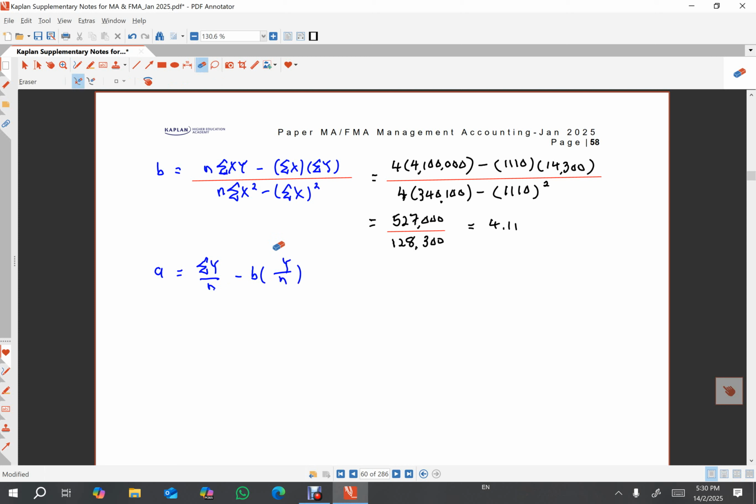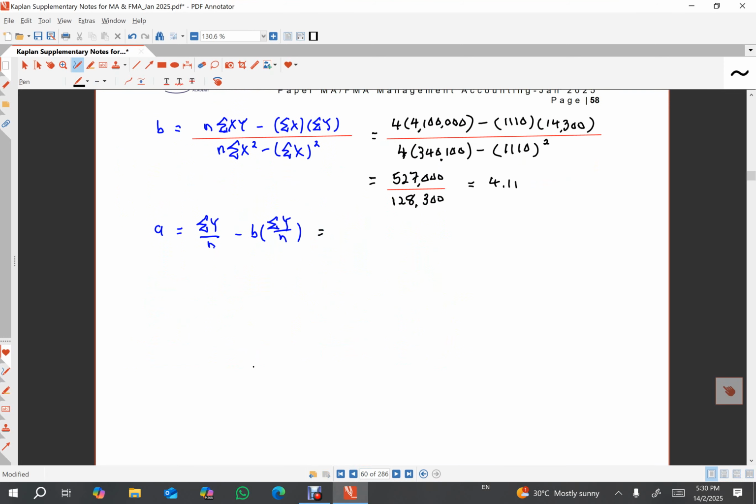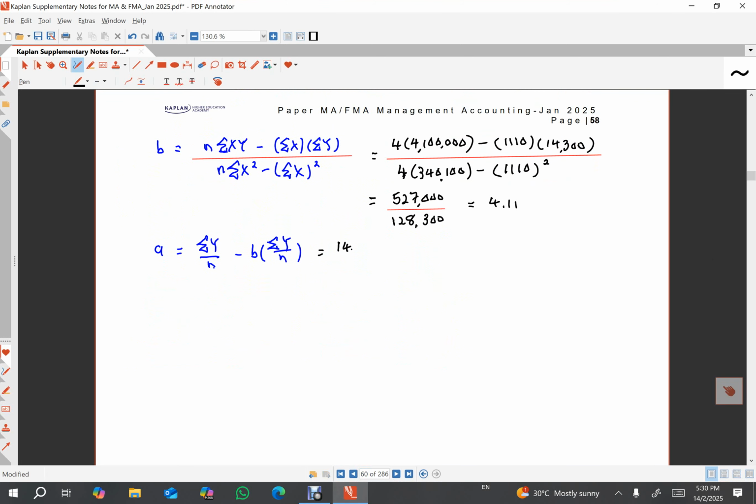The total of Y, 14,300, divided by n, 4, minus B, which is 4.11, times the total of X divided by 4.